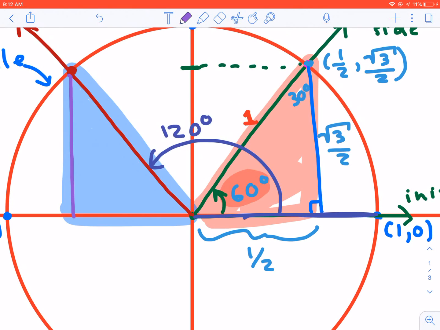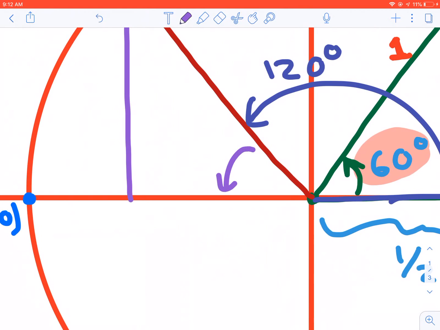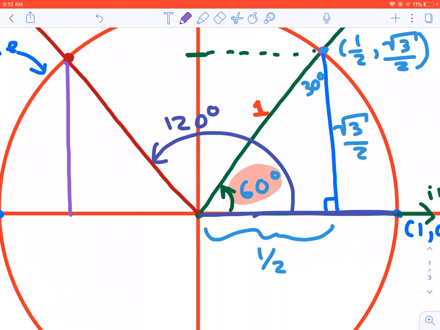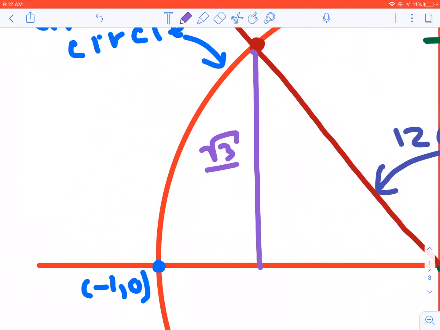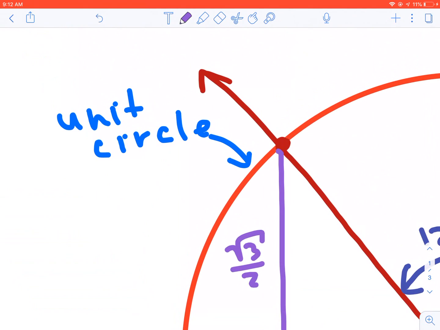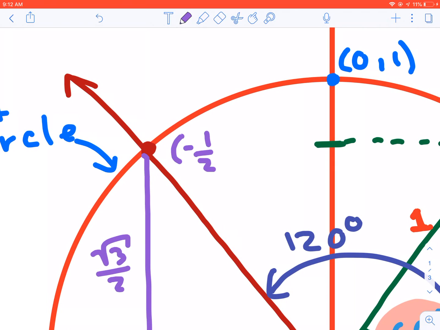Because if this is 120 degrees, well then this piece here is also 60 degrees. And if that's also 60 degrees, this height here would also be radical 3 over 2. This would also be a length of a half. But on the coordinate grid, this would be negative 1/2, comma, radical 3 over 2.